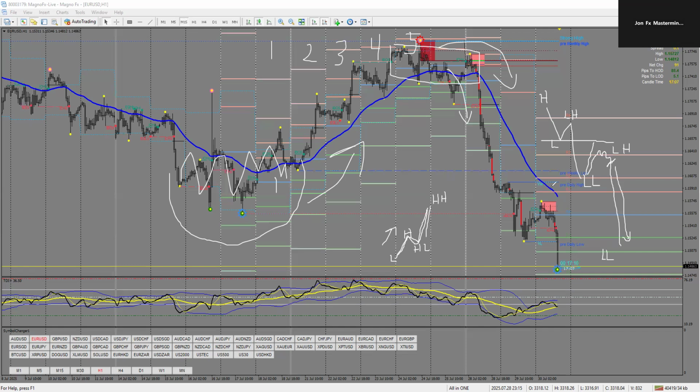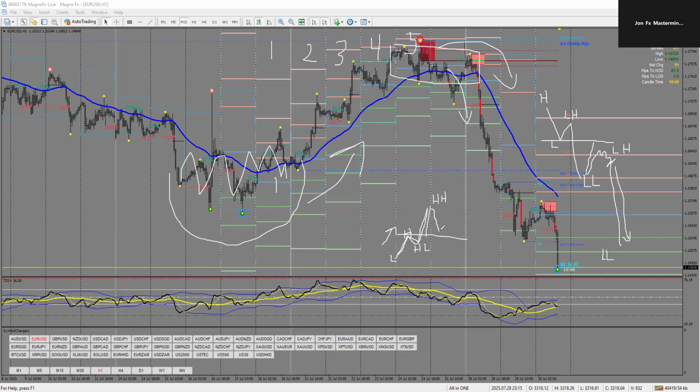Same thing here. Once you get one of these, a low, a high, then a higher low, and then a higher high, you're looking for price the next day to come down and pull back towards this, or correct, however ICC says it.